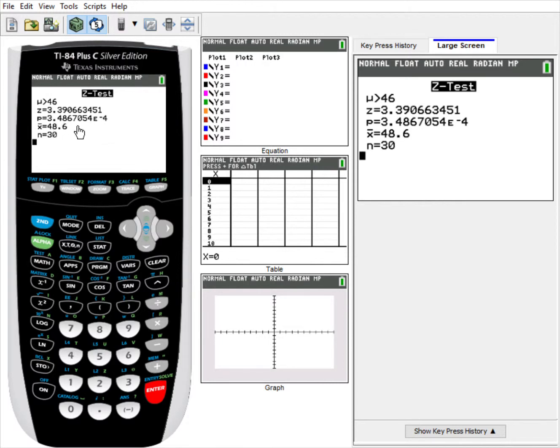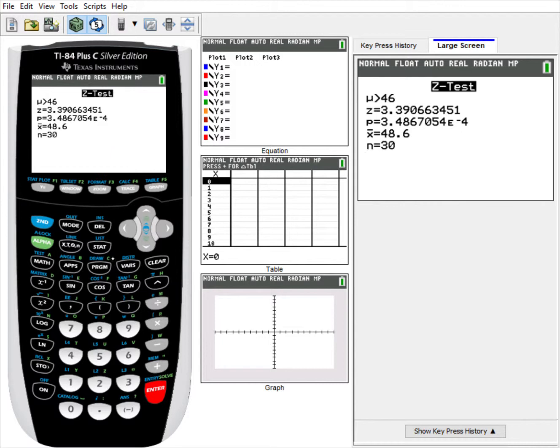I can tell by the size of this p, irrelevant of the alpha that is given to me within the problem, it's going to be less than alpha, meaning reject the null hypothesis. If you'd like, you can use the z-test statistic compared to the critical value. If you'd like, you can jump into the p-value method as soon as problem number 1.